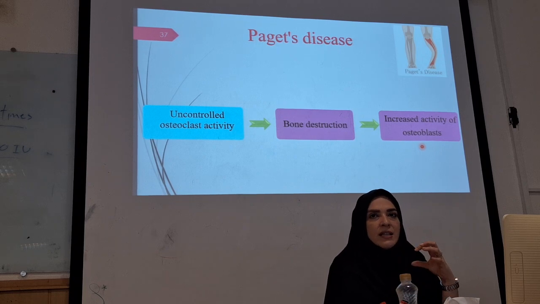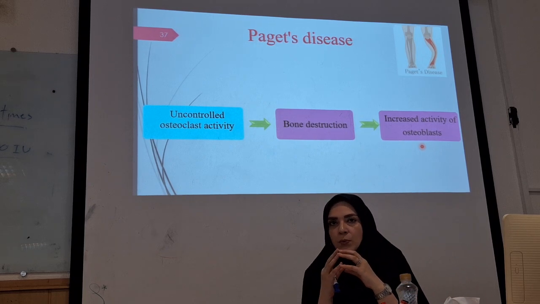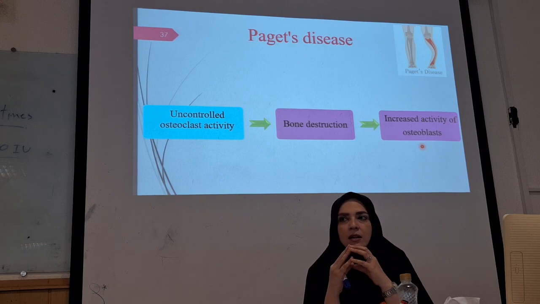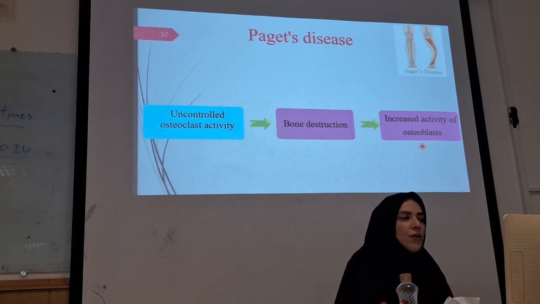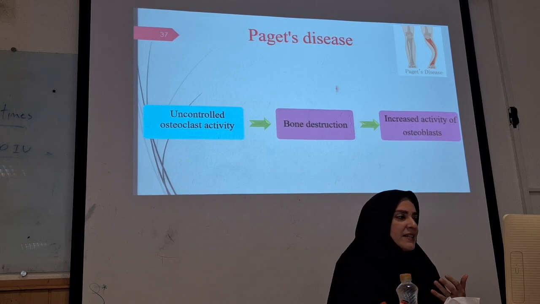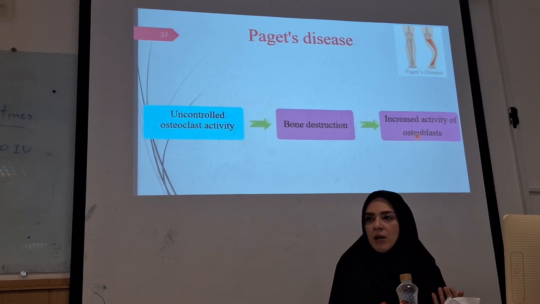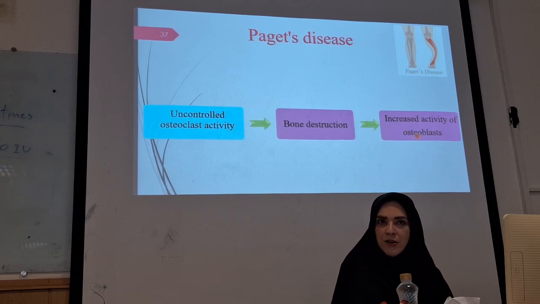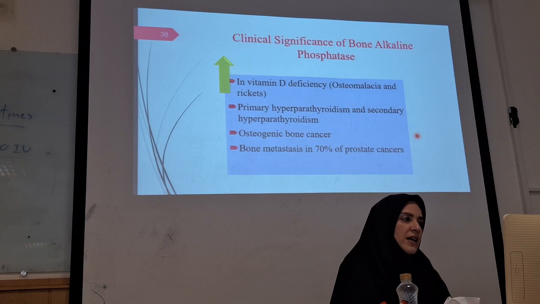As I mentioned, inside the osteoblast, which enzyme is present? Alkaline phosphatase. In Paget disease, because our body wants to compensate for the destruction of the bone, it increases the activity of the osteoblasts. So we have a high concentration of alkaline phosphatase.